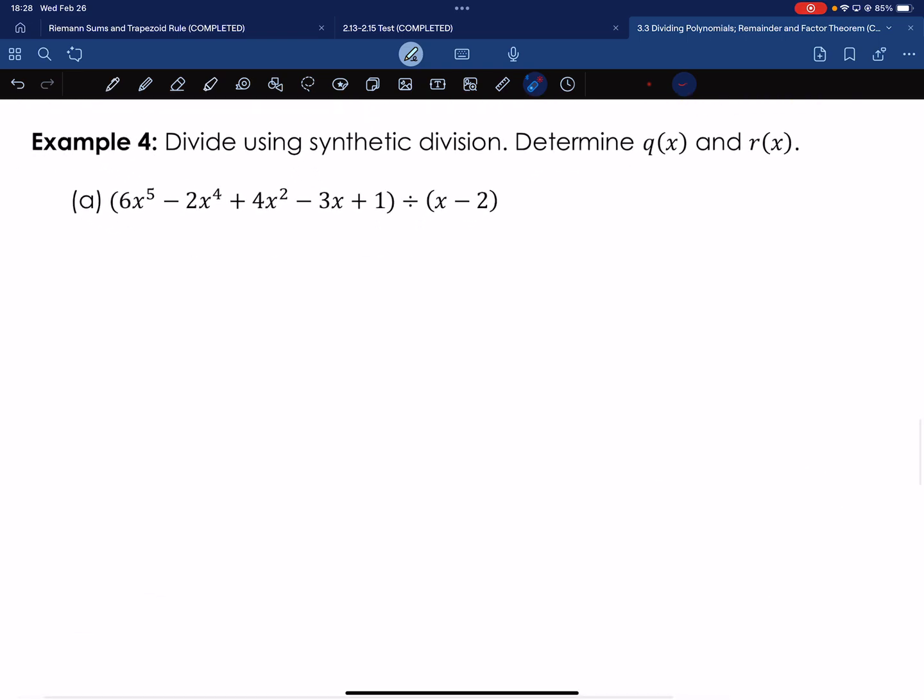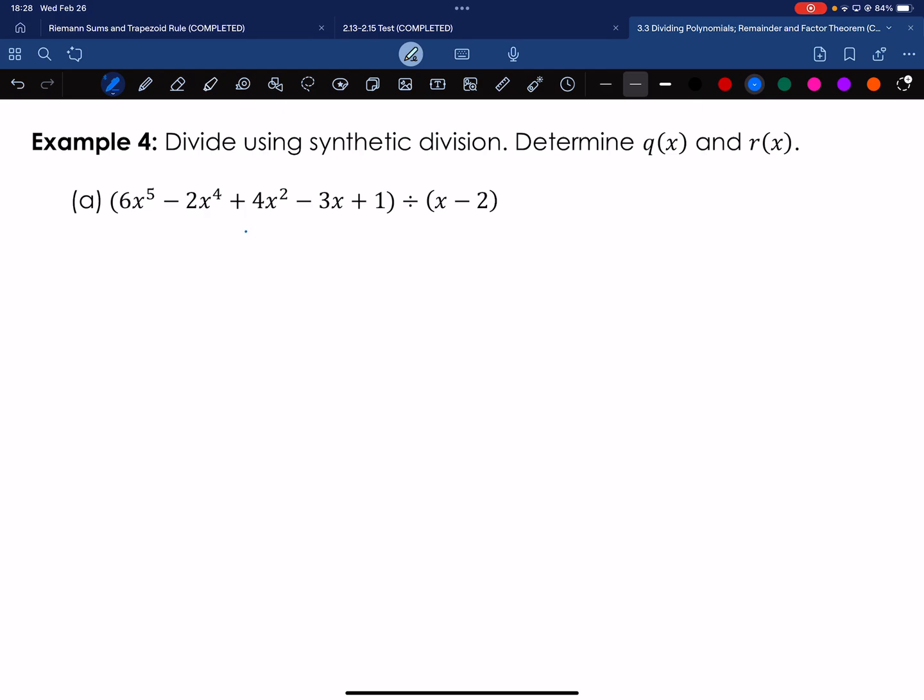We're going to use synthetic division to determine Q of X and R of X. Okay, so what we have to make sure of is that we have all of our terms and we're not missing anything. And if you look, we go x to the 5th, x to the 4th, and then we jump to an x squared. We're missing that x cubed term.